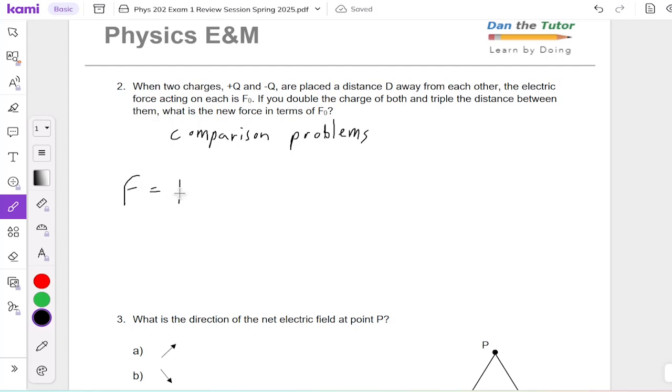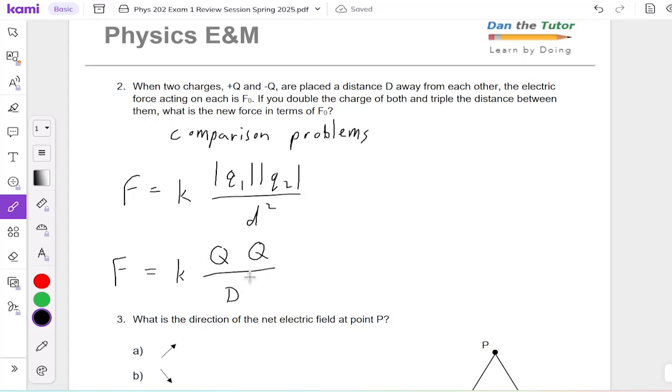Force equals K, absolute value Q1, absolute value Q2, over the distance or radius squared. In other words, it's just Coulomb's law. And that's exactly what I'm going to plug in here. So the original is positive Q, negative Q, but remember what I said earlier, absolute value, so they're both positive Q. And then divided by capital D squared, because that's what it says right here, capital D away from each other.